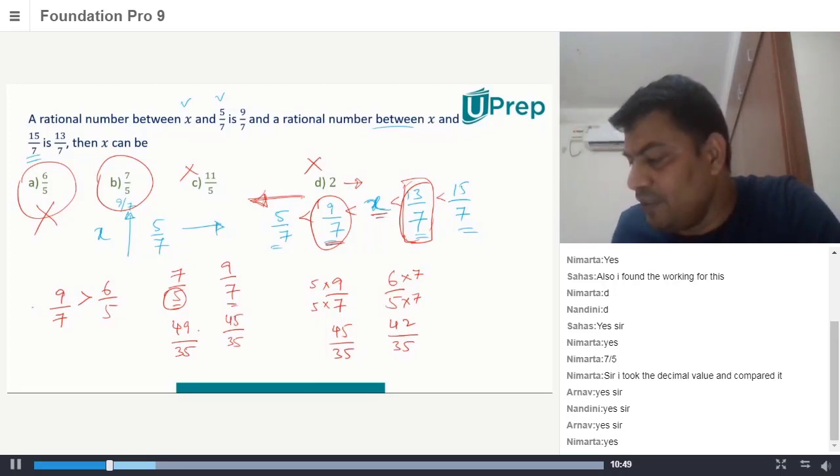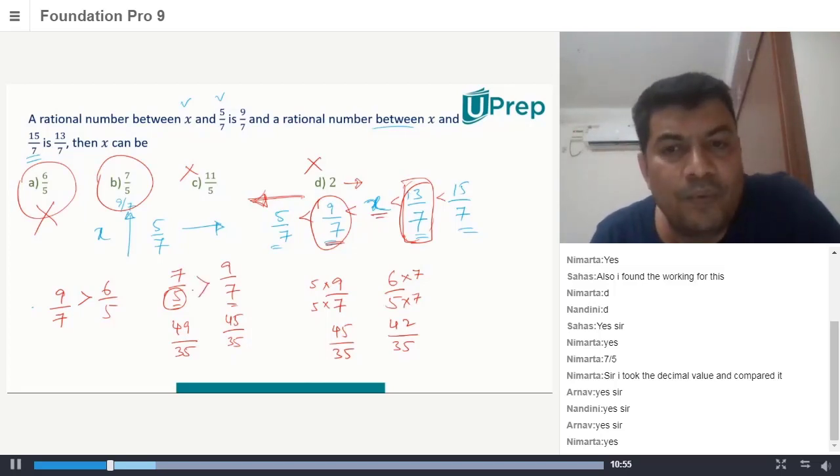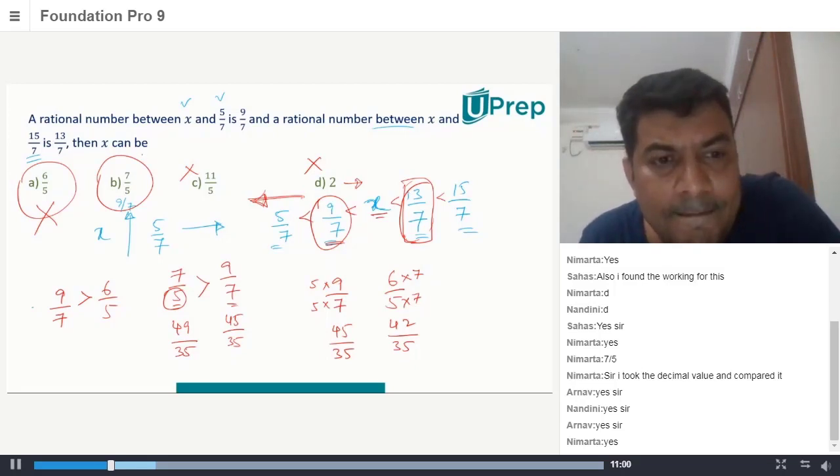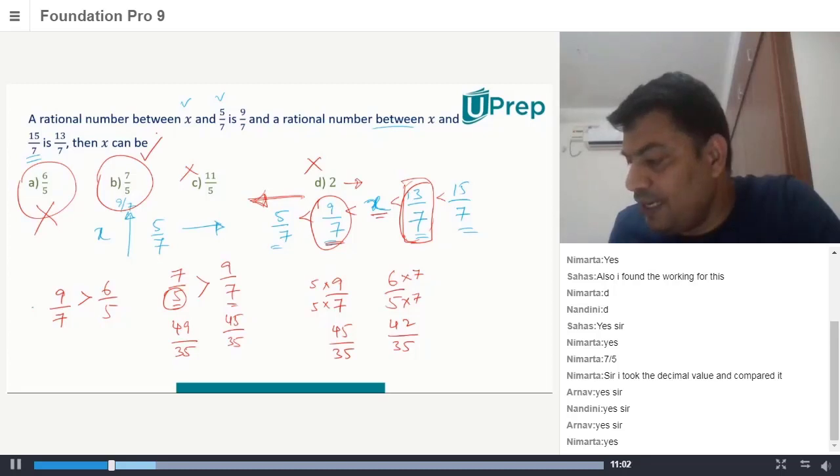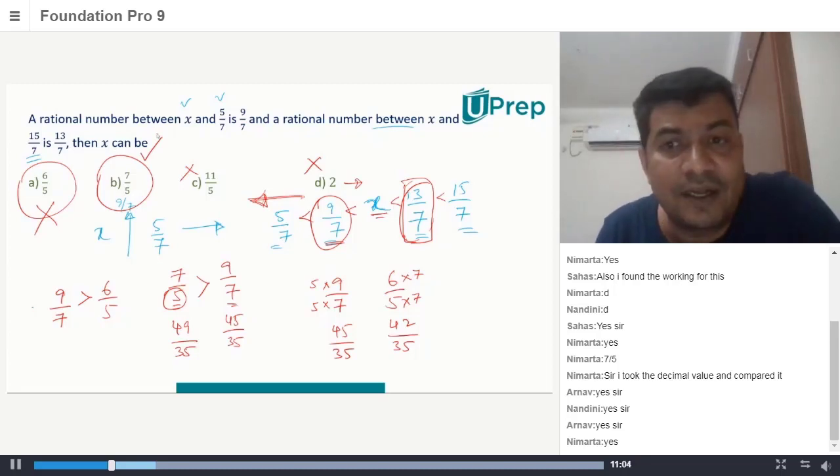And this will become 45 by 35, 9 5s are 45. Which one is greater? 7 by 5 is greater or 9 by 7 is greater? 7 by 5. Brilliant. So immediately we get to know that 7 by 5 is greater. So that means your 7 by 5 is definitely the correct answer.